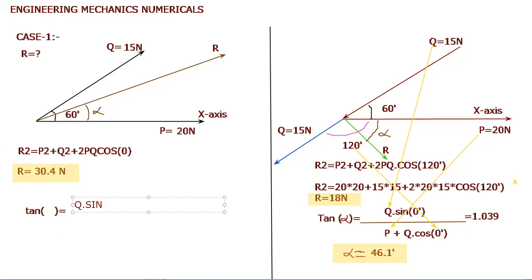Q sine of theta divided by P plus Q cos of theta. So by using the same formula, you can find the value for case 1 also.